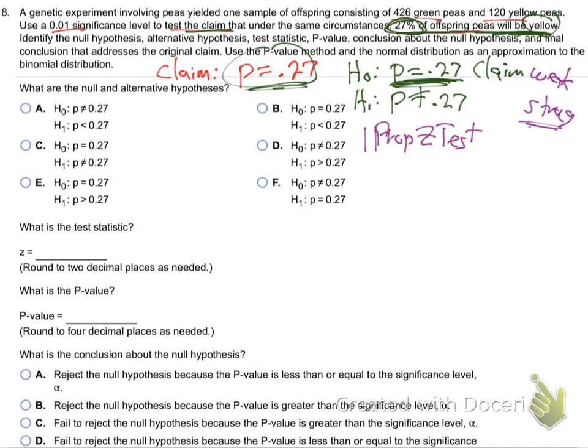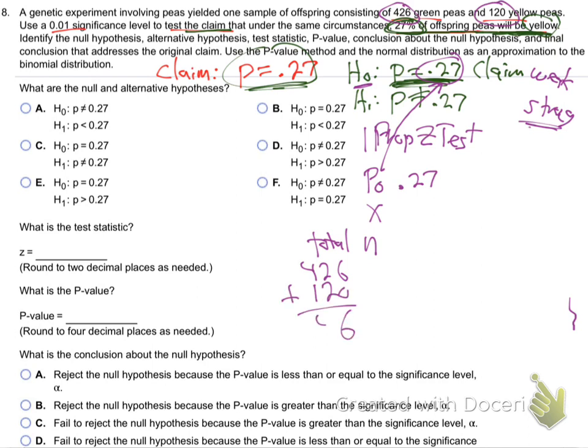When we do, it asks us for p0, which is always the thing that goes with the H0, so that's 0.27. They ask us for the X and the n. The n is always the total. What's the total number? Well, that's actually going to be 426 green and 120 yellow.